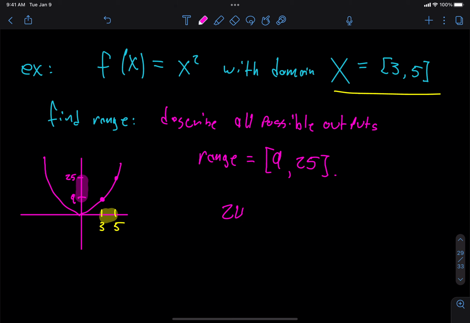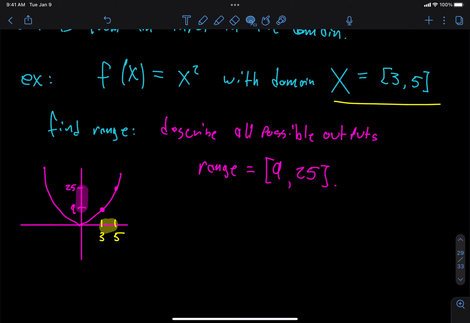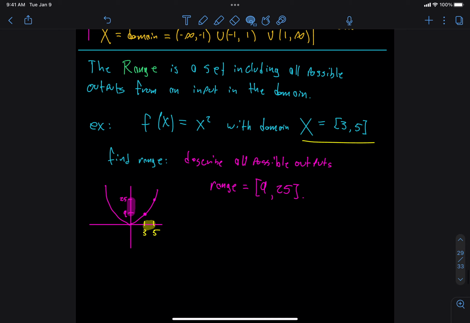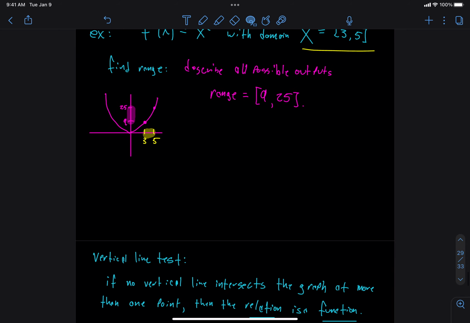For example, 24.99 is the square of the square root of 24.99. So this is the point in the domain, and this is the point in the range. Okay, so that's how we find the range here for this problem.